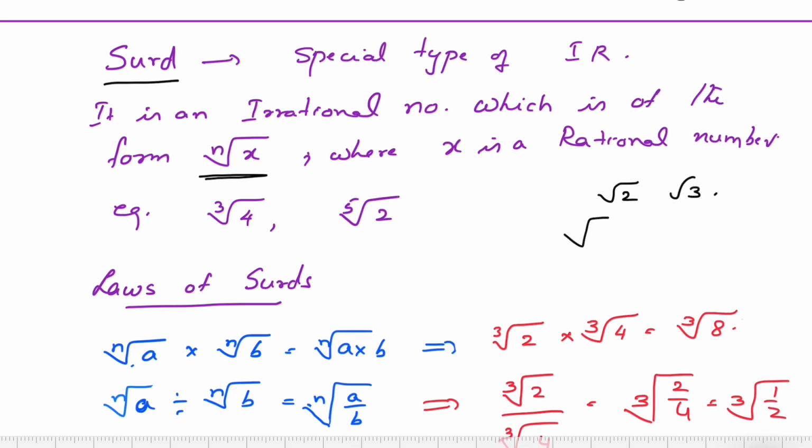It is square root of 2, square root of 3, but for 2 we generally don't write it, nothing is written, that means it is square root. Others we say cube root, fifth root, nth root and so on.